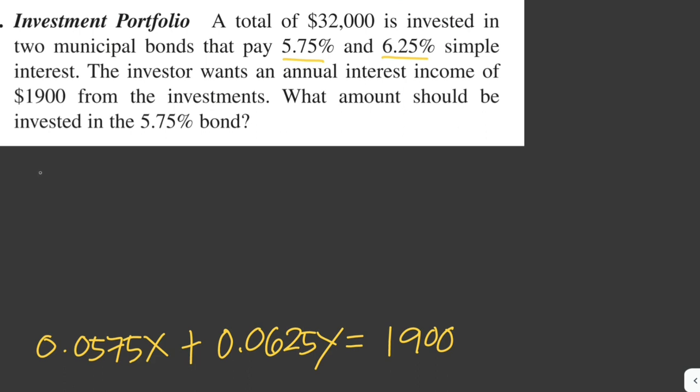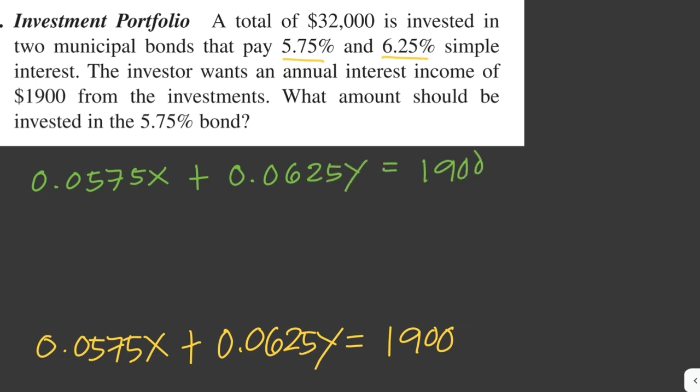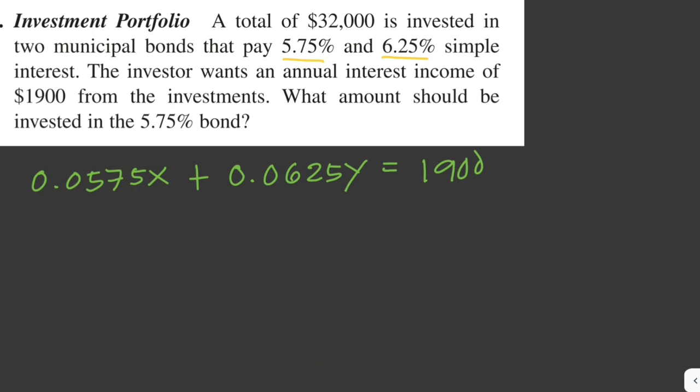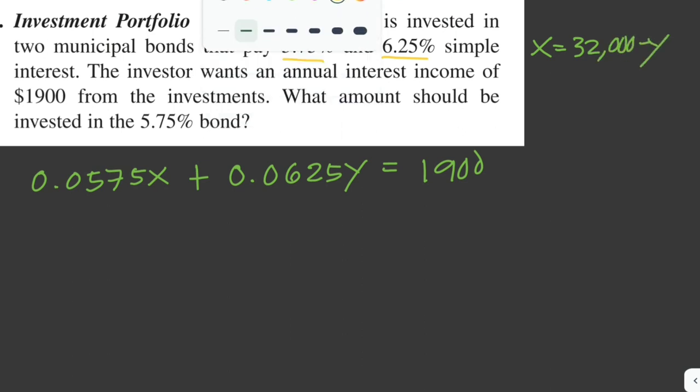Our second equation is 0.0575x plus 0.0625y equals 1,900. And then we substitute the other equation that we've rewritten, x equals 32,000 minus y. So we substitute the value of x here.